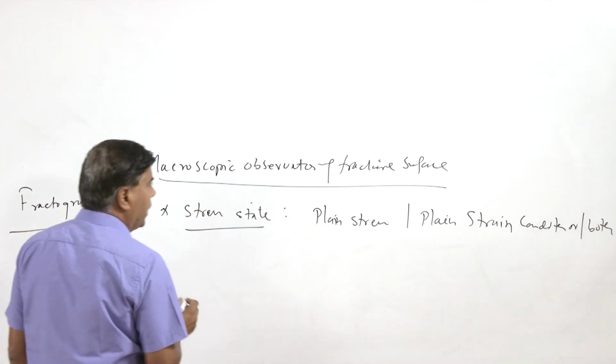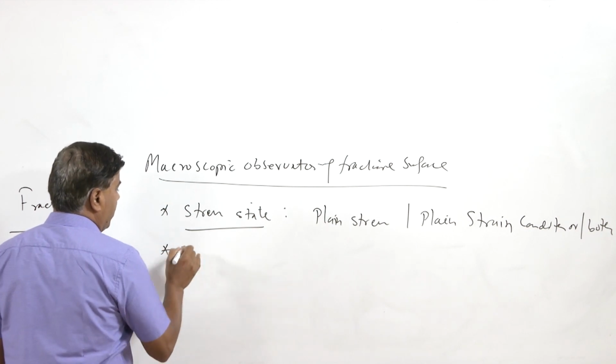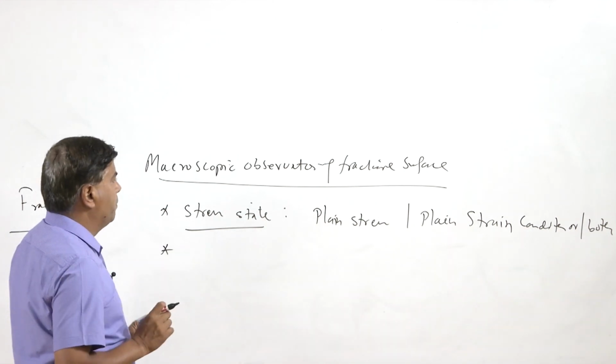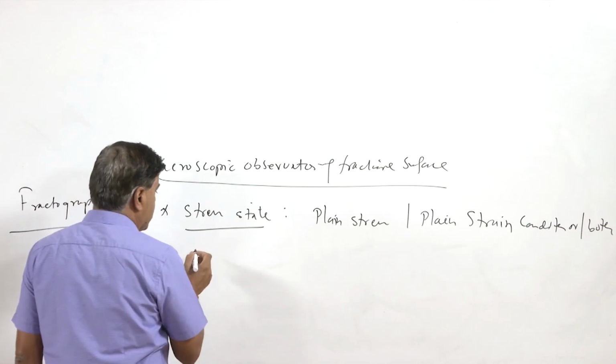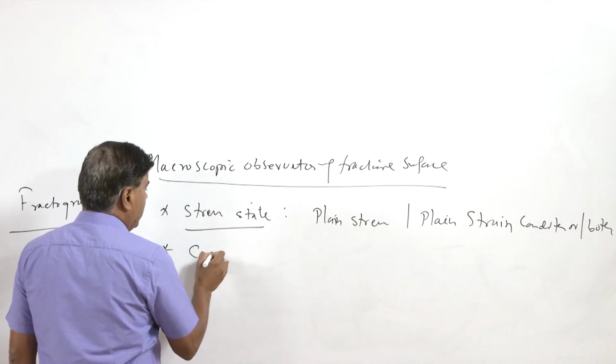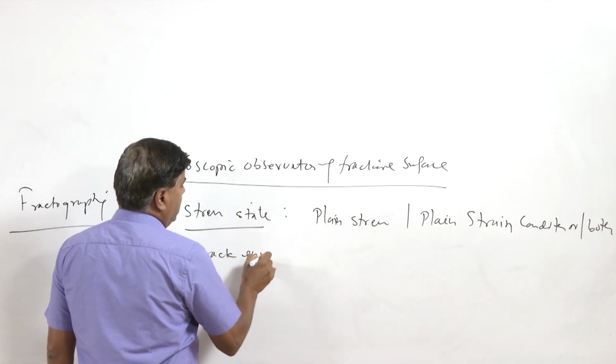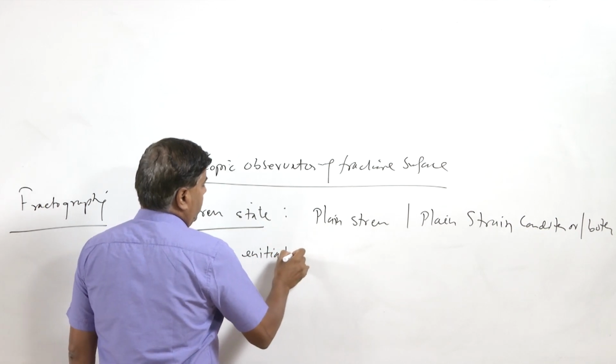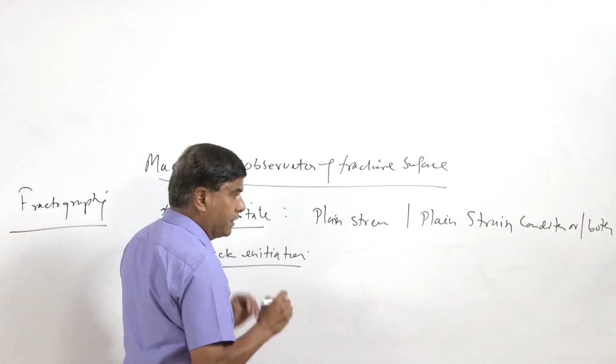So, this is one piece of information which we can gather from the macroscopic observation. Another is the crack initiation site, where the fracture has triggered.